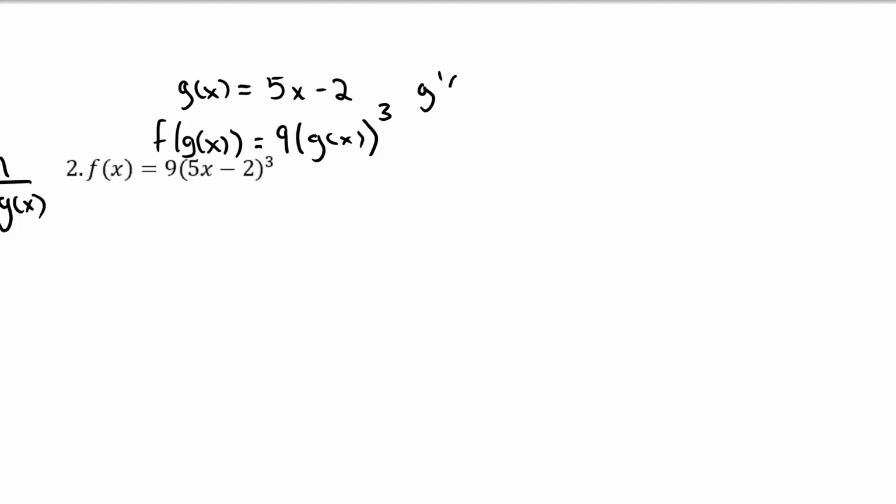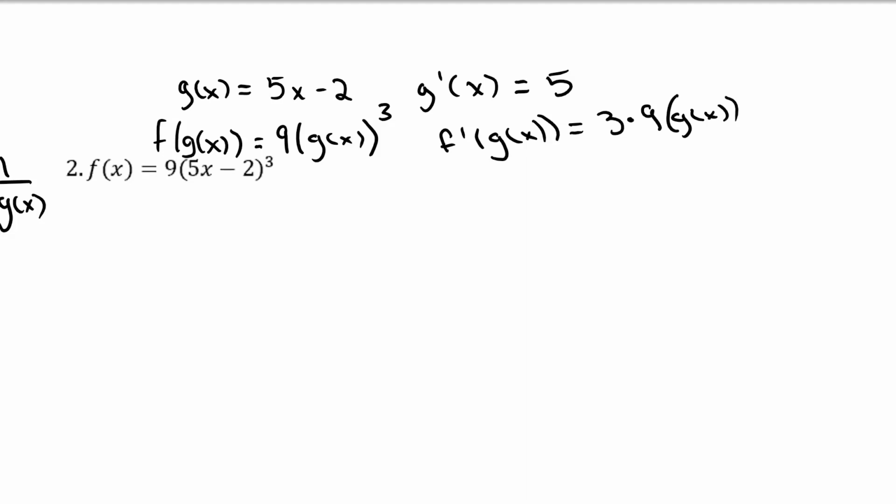The derivative of the inside is 5, and the derivative of the outside function, leaving the input the same, is we use our power rule, so we take down the 3 and make the exponent 1 smaller. So I've got 3, and then this g of x guy squared.